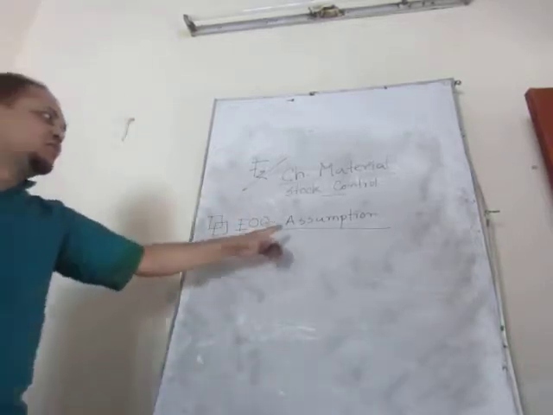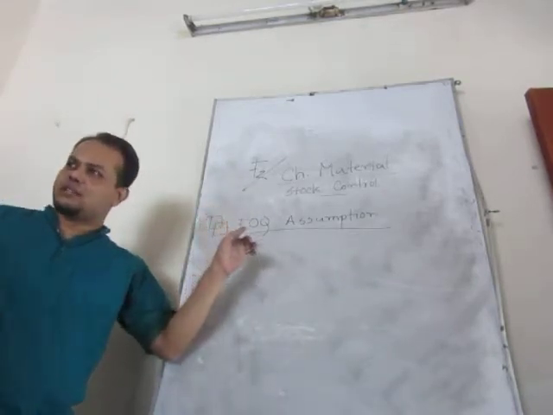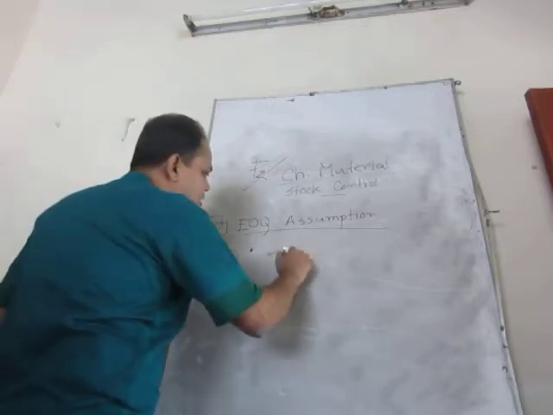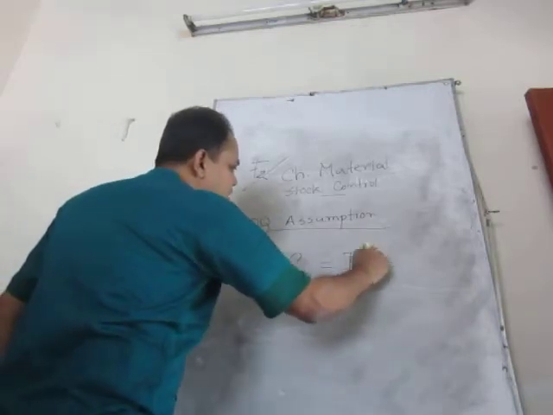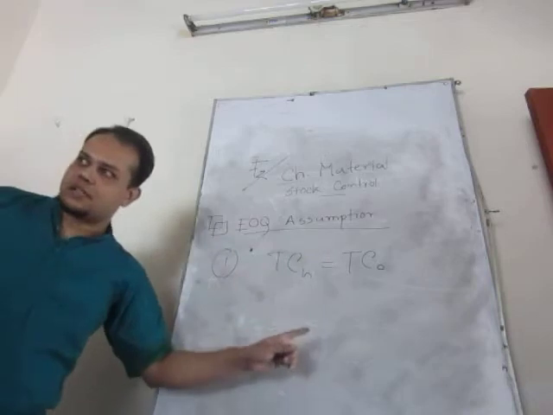Okay, so EOQ assumptions. At EOQ, we have already discussed the graph. At EOQ, number 1, my TCH and TCO were equal. Can you shuffle your memory? The discussion we just ended according to the graph.